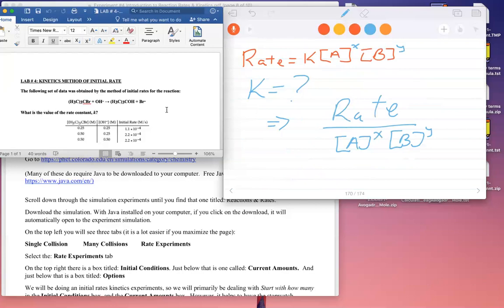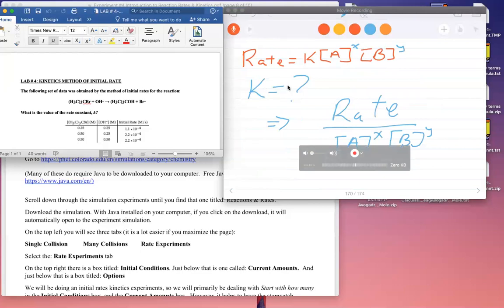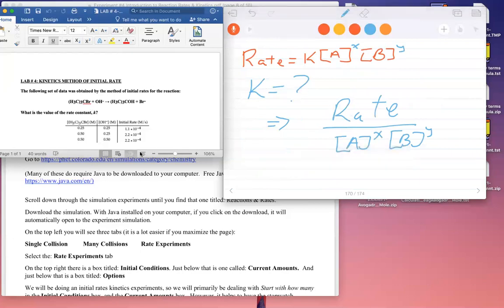rate constant? This is the setup, and I'll just divide the rate. You can pick any experiment. You can use experiment 1, experiment 2, experiment 3. At this point, for the rate constant, you use any experiment.